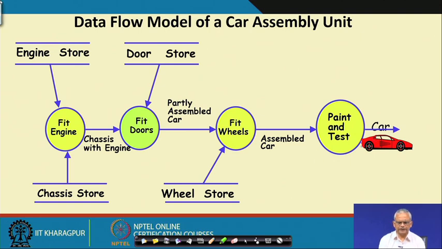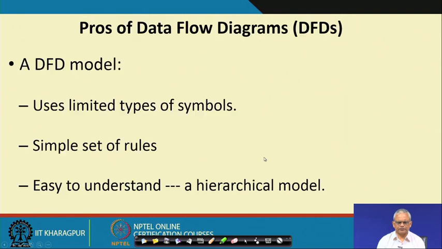So, the model is very intuitive. Just by looking at the model, we can make out what really happens. It is a very simple technique, as we are saying. We will see that in a very small amount of time, we can start doing the DFDs for various problems. One of the main reasons why it is a very simple technique is there are only 4 or 5 types of symbols, actually 5 symbols to be precise.